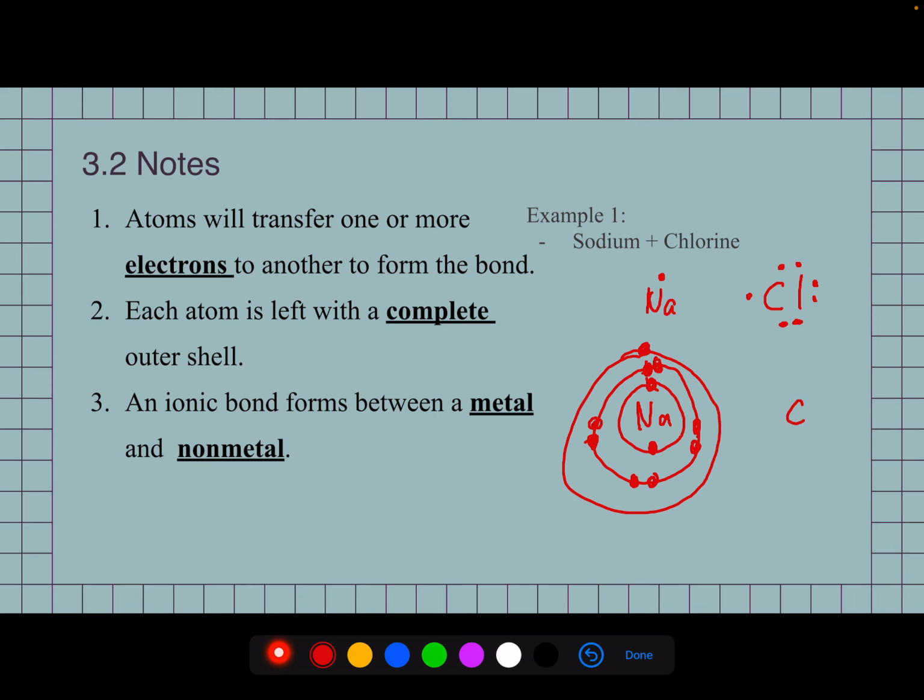Then we have chlorine, which is also very similar, but a little bit different. It's element number 17, so it's going to have 17 electrons.